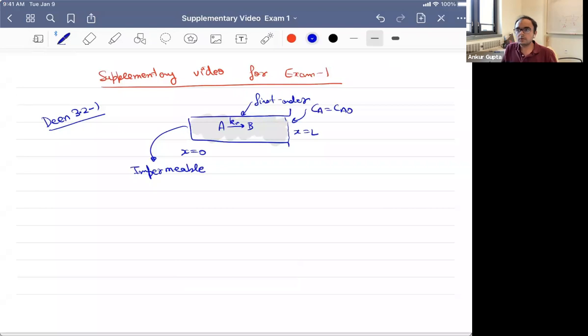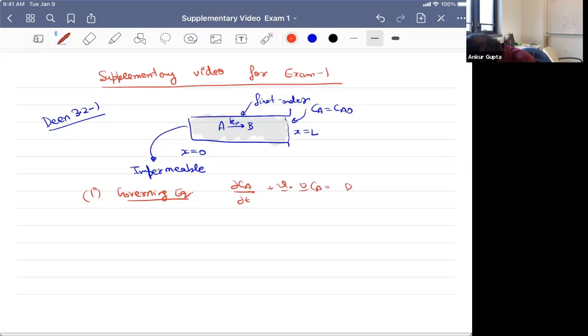Now, the next thing we need to do is start with the governing equation that we had done in class. So the governing equation is del CA by del t plus v dot del CA is equal to DA del square CA, still not simplified, minus kV CA.